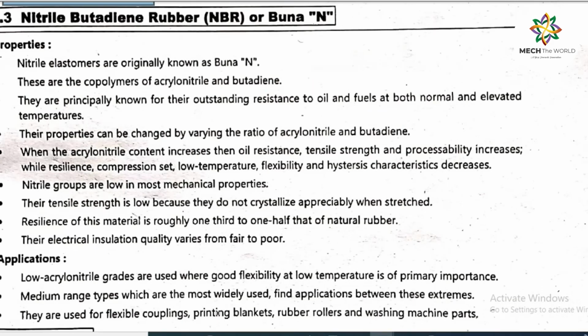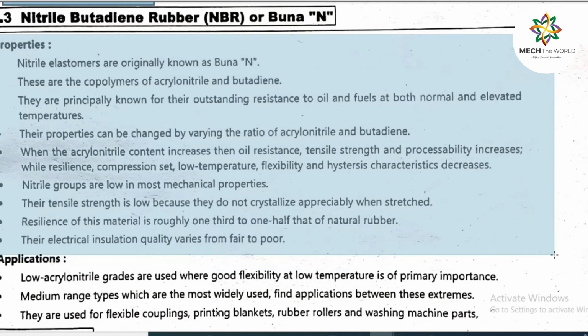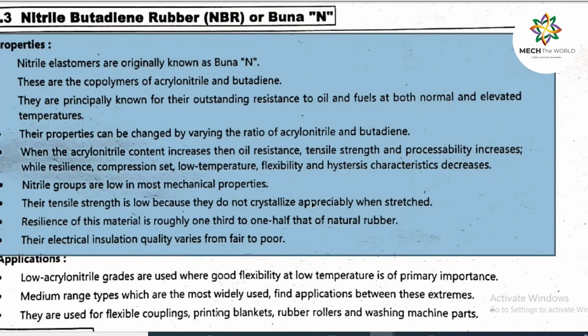So, in short, we can summarize NBR or BUNAN as this type of rubber possesses very poor mechanical properties and they are used in very limited applications. BUNAN is a mixture of acrylonitrile and butadiene.